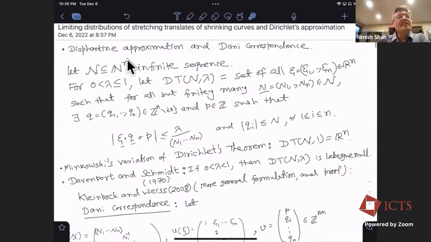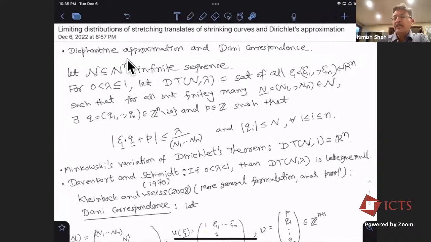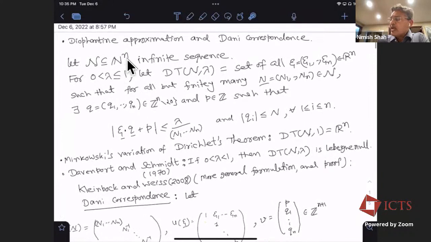You take any infinite sequence in N to the power n, and for every lambda which is between 0 and 1, you define D_t(lambda) to be the set of all those vectors in R^n so that for all but finitely many of these numbers n1 to nn in this subsequence.